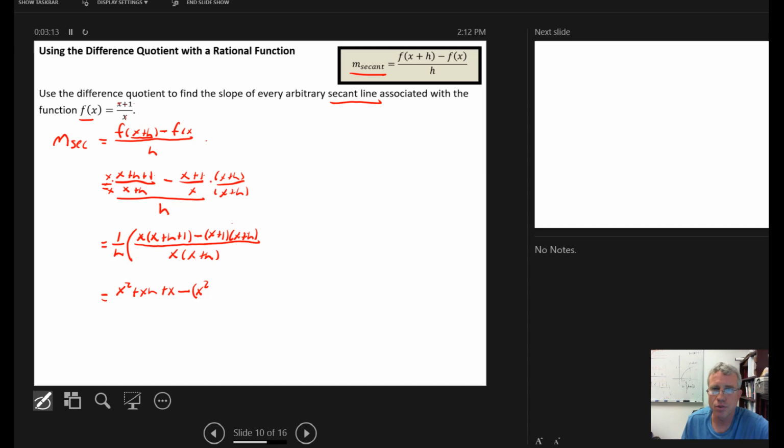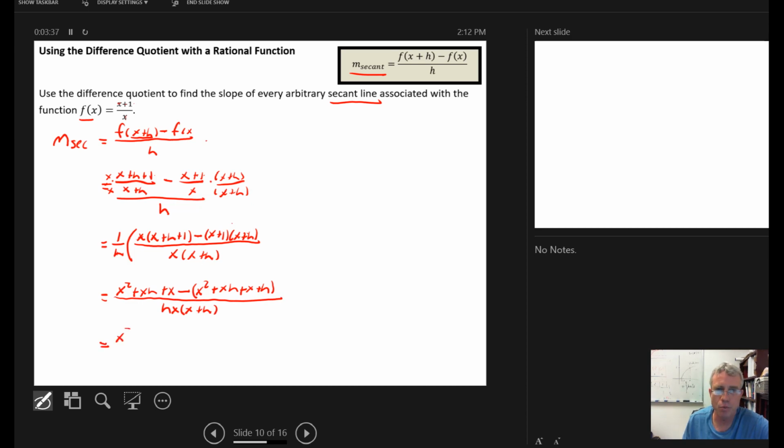X times h is plus xh. 1 times x is plus 1x. Plus 1 times plus h is plus 1h. And this is all over, my denominator now has h times x plus h.